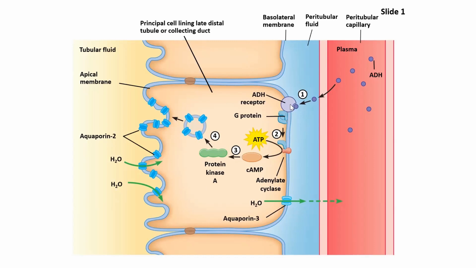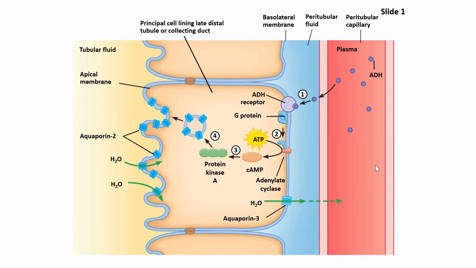So because of the binding of ADH here, we make more of these aquaporin 2 channels, and we insert them into the apical membrane. And that is how we can facilitate the reabsorption of water from our tubular space. So here in the tubular structure, which is the distal tubule and the collecting duct, we can pull water from our filtrate and reabsorb it into the cell, and then through aquaporin 3 across the basolateral surface and into our peritubular capillary.